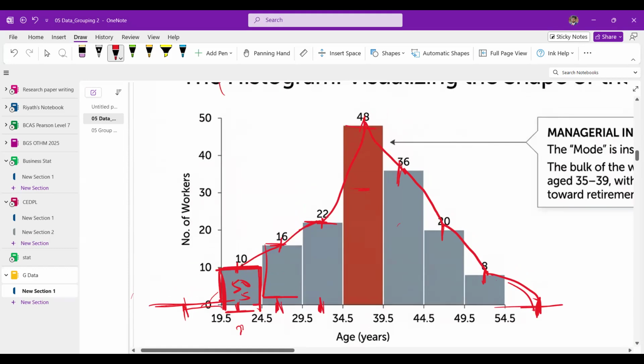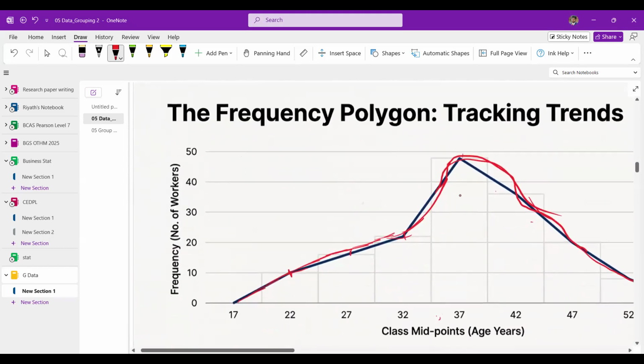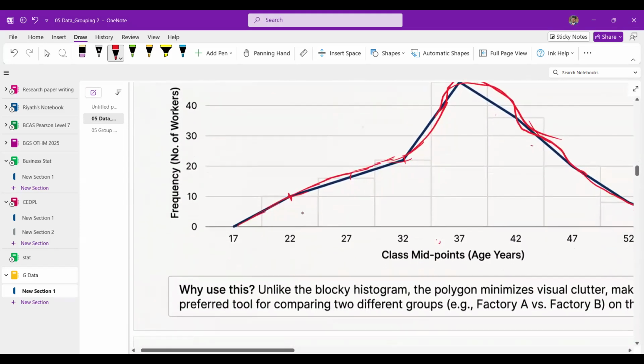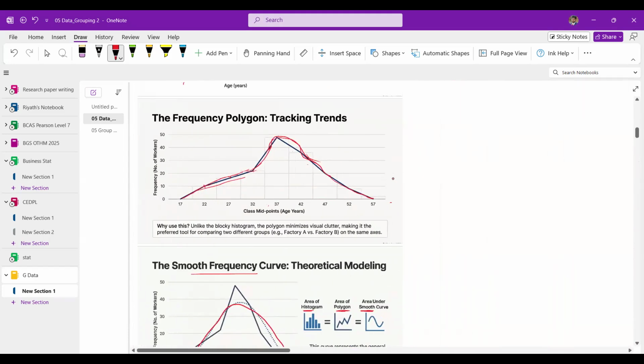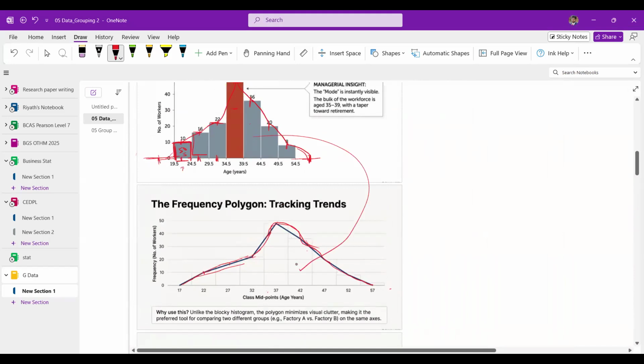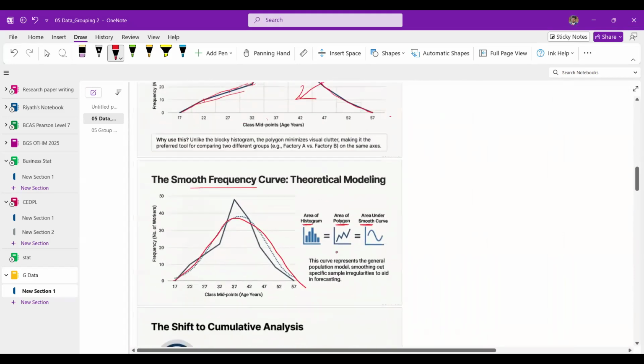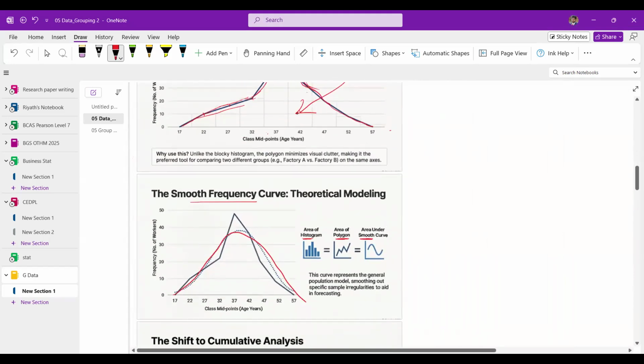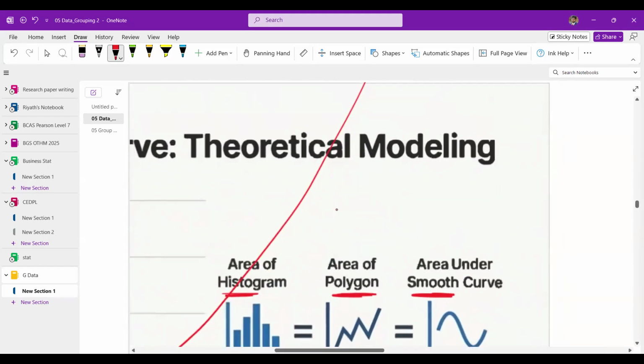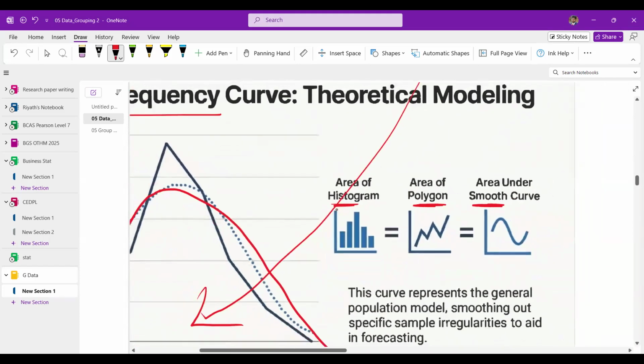When you add all these, the area of the histogram should be equal to the area of the polygon. And also the area under the smooth frequency curve should equal the frequency polygon. That's why it's noted in graphical form.